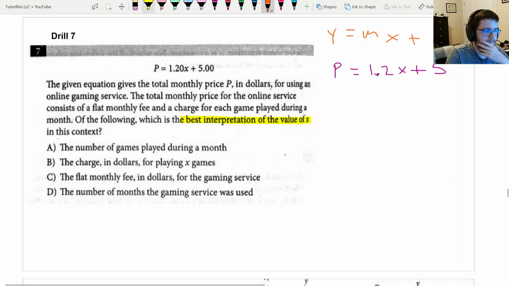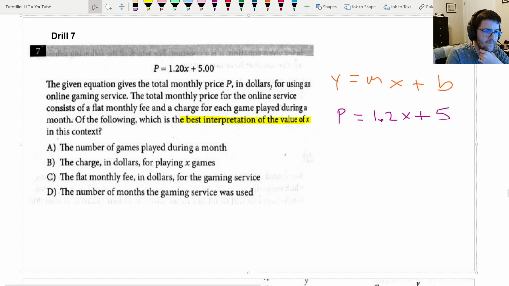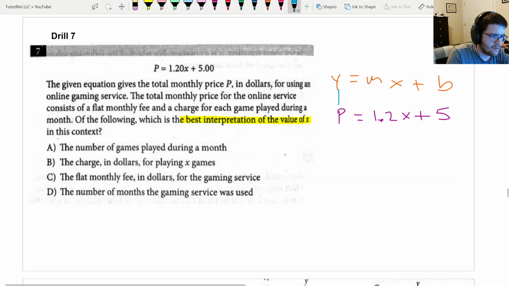I'm kind of blocking the way here. Yeah, that's better. Okay, good. So do you guys see, P is the y, 1.2 is the slope, 5 is the y-intercept, and x is the x, the independent variable, right?